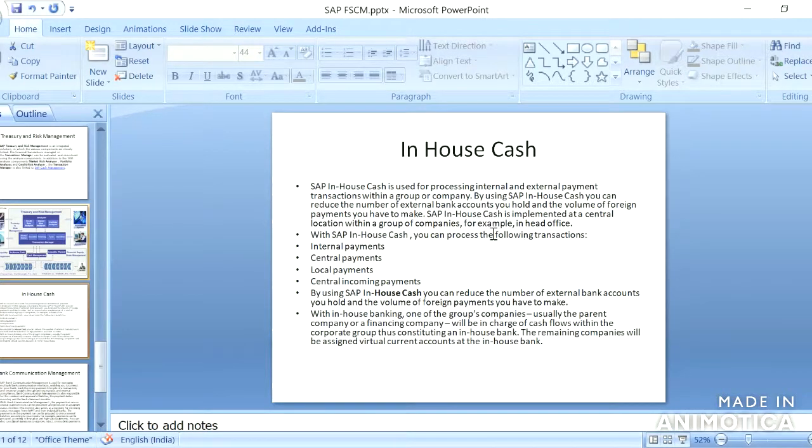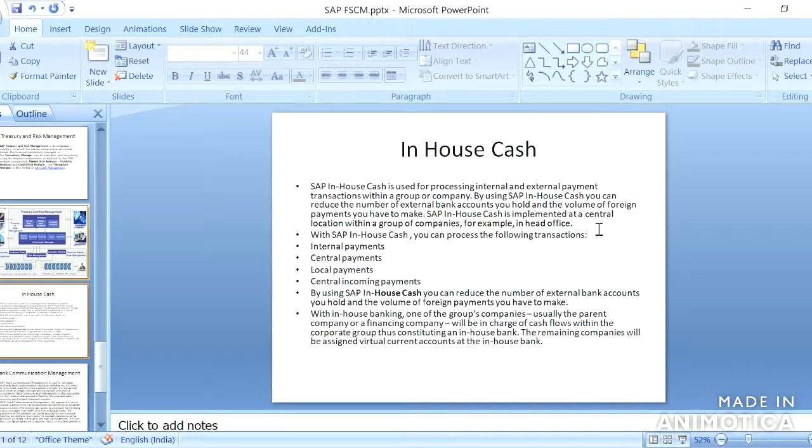This in-house cash is implemented at a central location. Normally we talk about branches, but there will be a main branch for that particular bank.